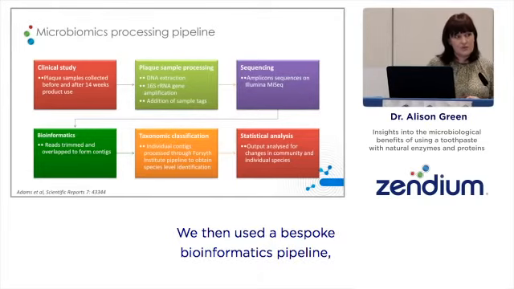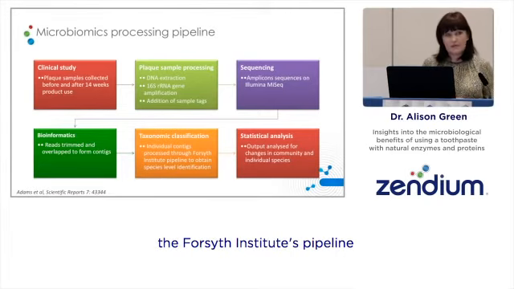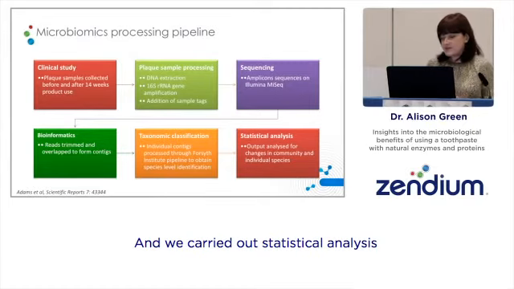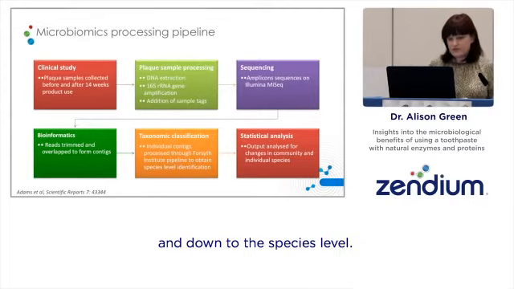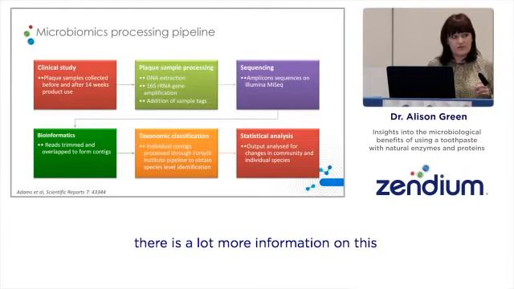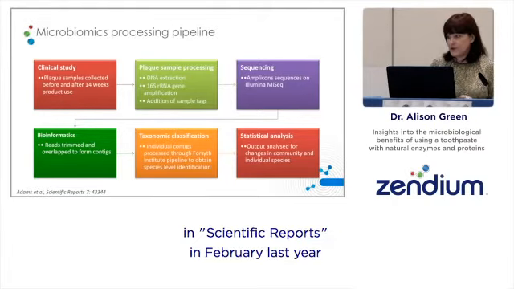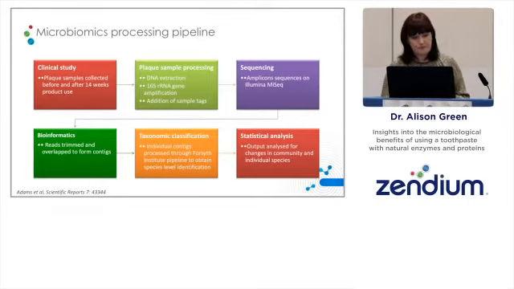We then used a bespoke bioinformatics pipeline, and the samples were then processed through the Forsyth Institute's pipeline to obtain species-level identification. And we carried out statistical analysis both at the overall community level and down to the species level. And for those that are interested, there is a lot more information on this in Adams et al., which was published in Scientific Reports in February last year, and it's online free access.